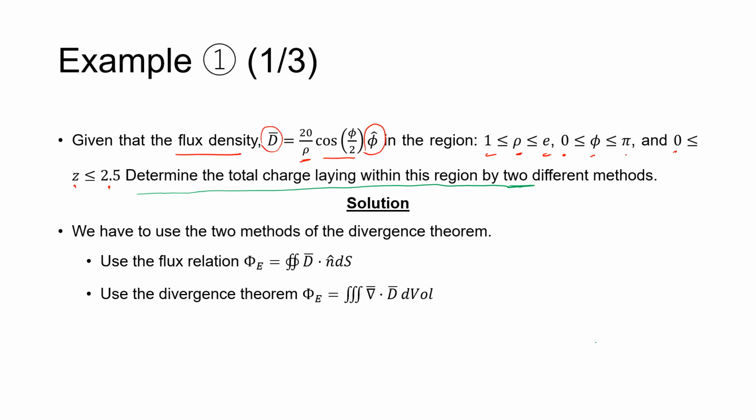We have the direct method. We know that phi E equals Q enclosed. This is what we know. So the two ways to calculate Q enclosed are simply the two ways to calculate phi E, which are the two sides of the divergence theorem.